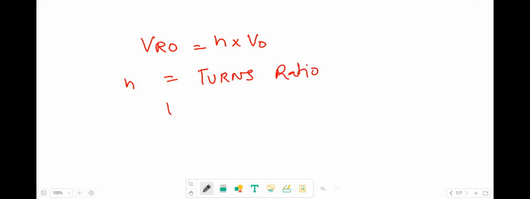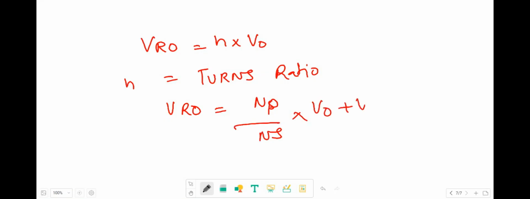So your VRO is going to be NP divided by NS multiplied by V naught, plus you can also consider the output diode voltage drop.